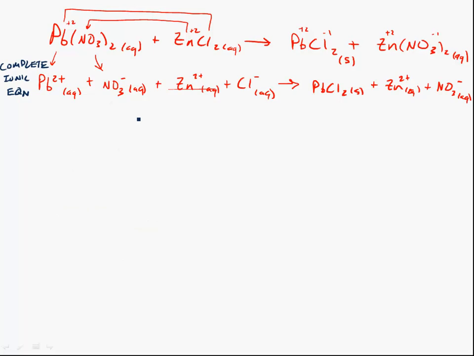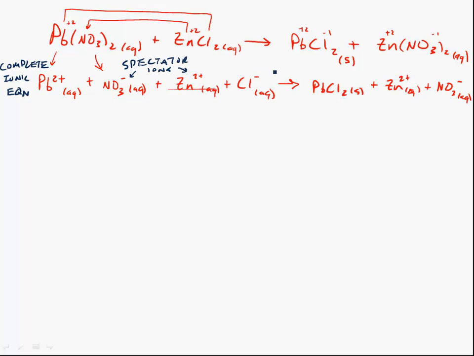You've got the nitrate and the zinc on the left. You've got nitrate and zinc on the right. Did anything happen to those ions? There was no chemistry that occurred. So, these have a special name. These are called spectator ions. Nitrate and zinc. They're the ones that don't form the solid.